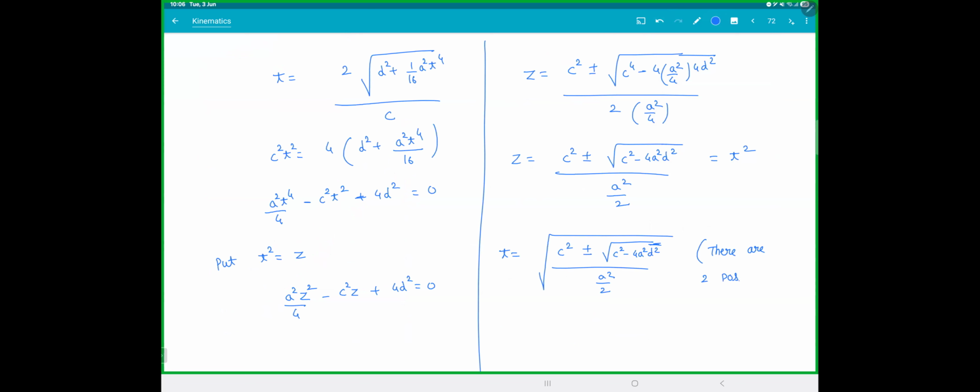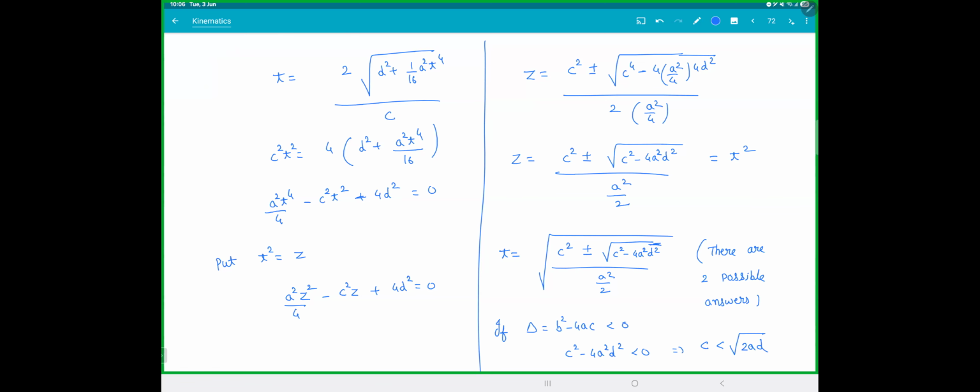That's what I'm saying. Even if you don't realize it, Max will take care of it. Now, if they ask you for a condition, what happens if discriminant is 0? If delta, which is b square minus 4ac, is 0. In this case, if c square minus 4a square d square is less than 0, that is if the speed of sound is less than 2ad, what will happen?